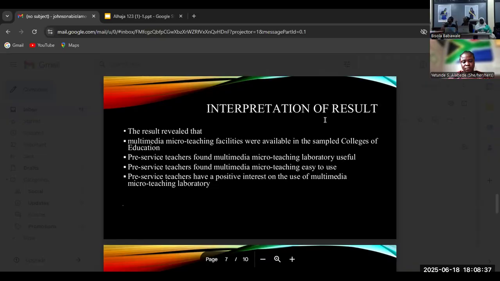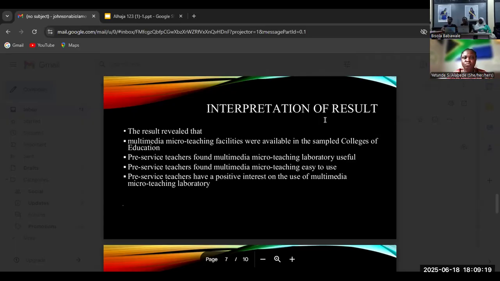Compare our teachers who are above 40 or 50, compare your primary school teachers in those days. How sound they are, how passionate they are in teaching. Compared to what we are having now, because they are not being exposed to multimedia micro-teaching laboratories where they react and get feedback. Multimedia micro-teaching laboratories make students react, record, and give you feedback. You can watch your video to know what you are doing and correct any areas where you have challenges.